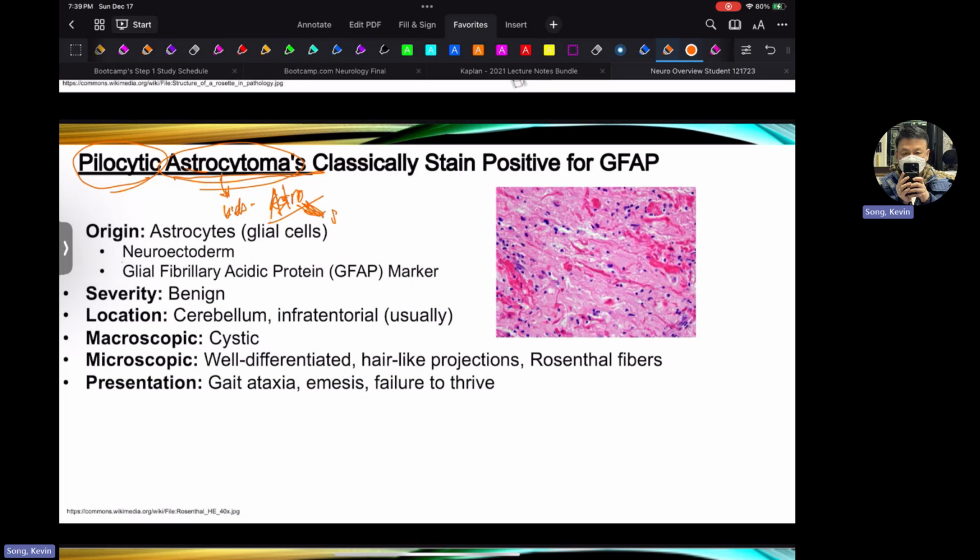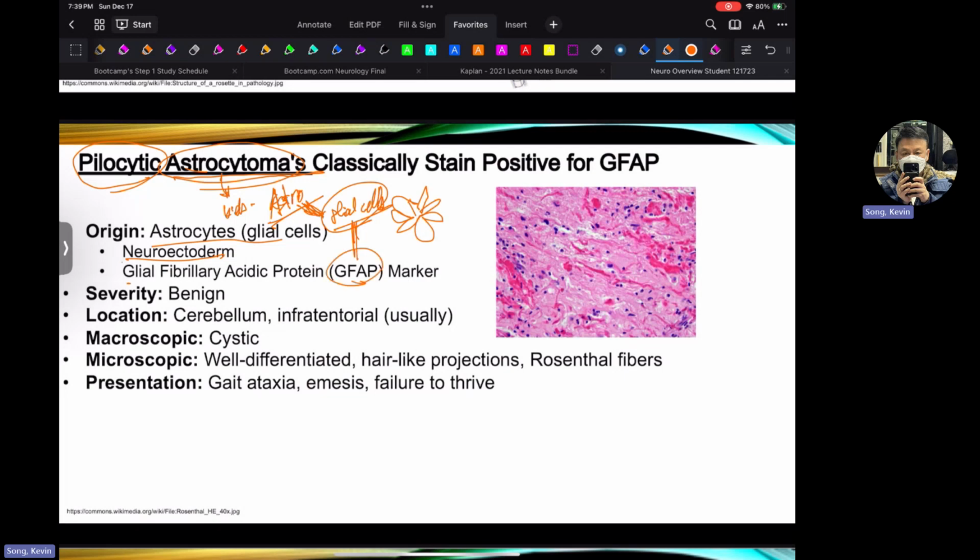That's the glial cells, and the name astro is, I think, due to its star-like shape. Okay, so that's why it's the astrocyte. So anyway, this is the astrocyte tumor, and it's neuroectoderm.